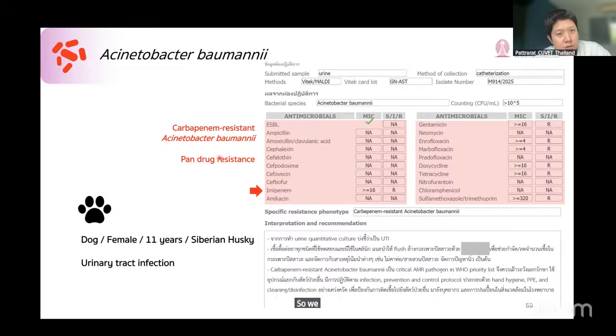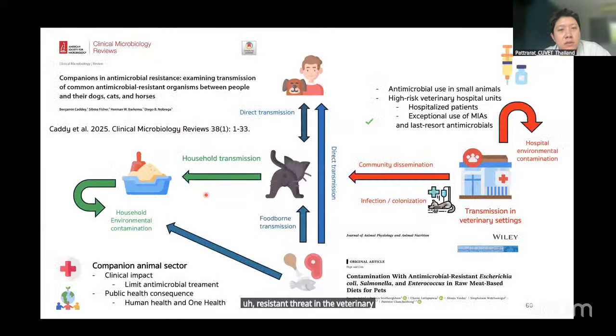So we can say this is pan-drug resistance, or PDR. In this case, we cannot use the veterinary antimicrobials for treatment. So this is an antimicrobial resistance threat in veterinary medicine.